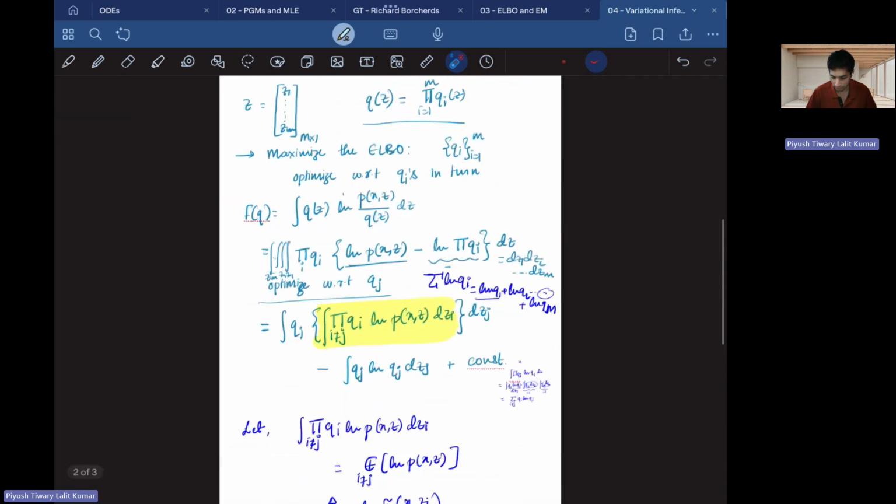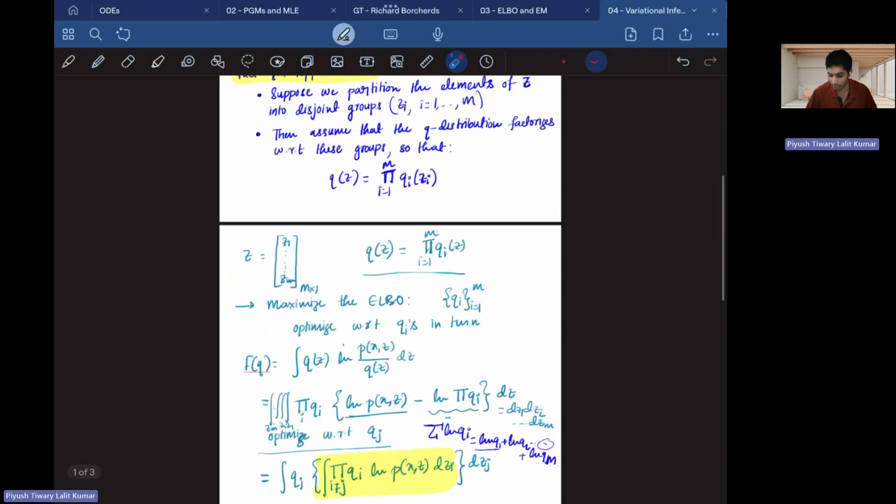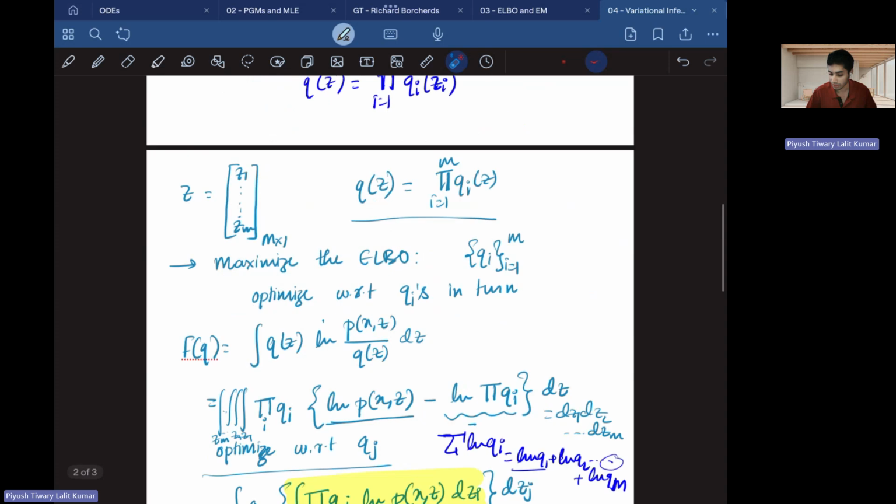We'll stop this lecture here, and next time we will start with something called VAEs, variational autoencoders. We got a flavor of variational inference by making this mean field approximation or factorized approximation, right?